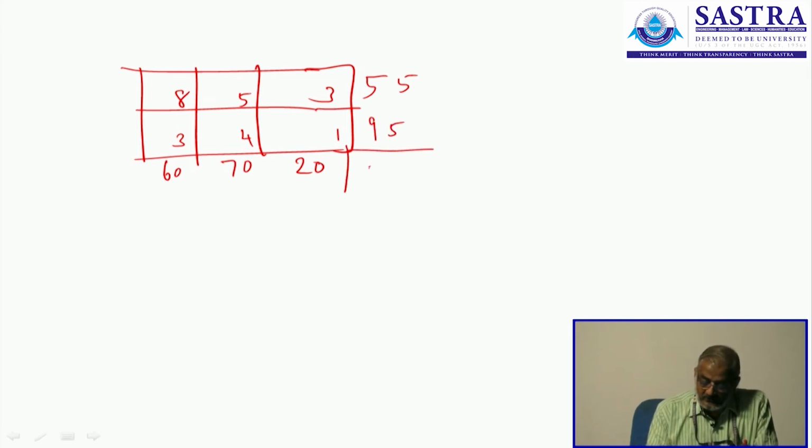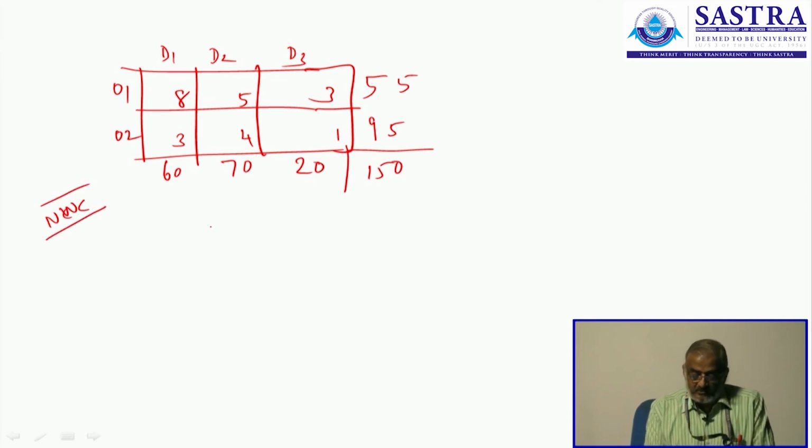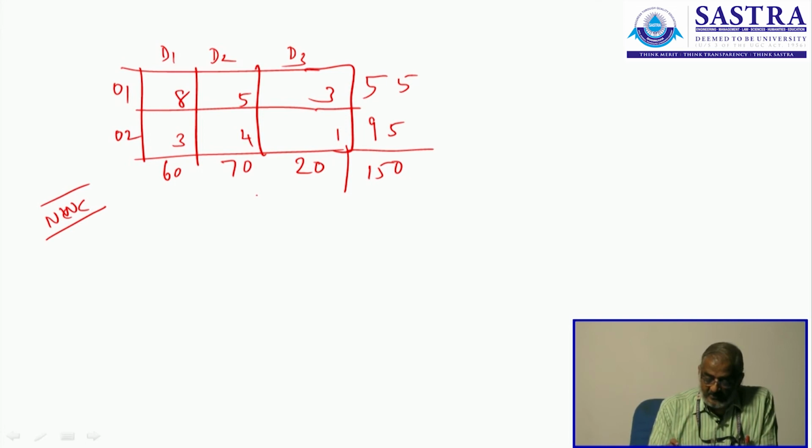So that you will have 150 here, 150 here. You will have destination 1, destination 2, destination 3, origin 1, origin 2. Let us first solve by NWC method. Since the total demand equals total supply, it is a balanced transportation problem. Now we go for NWC.